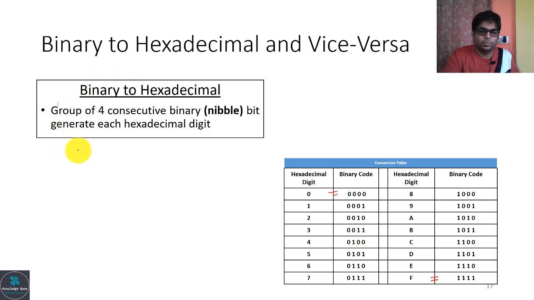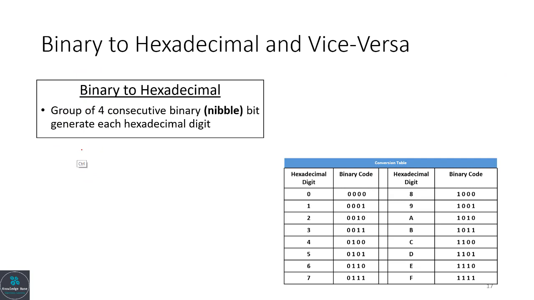Let us take an example. Suppose the number is 1101111 in binary. What do we have to do? We have to make groups of 4 binary bits from right to left.